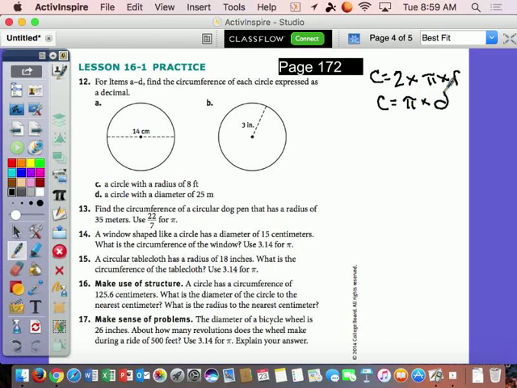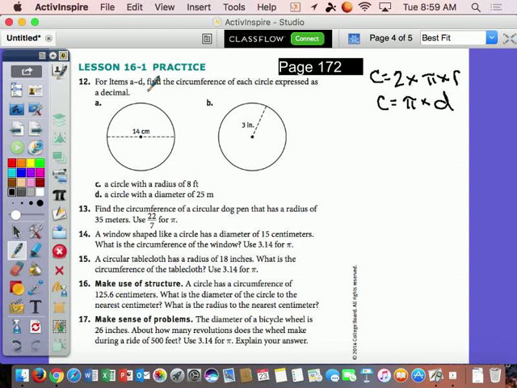All right, so in this one, is 14 the diameter or is 14 the radius? It is the diameter. So let's use the second equation that I have written.